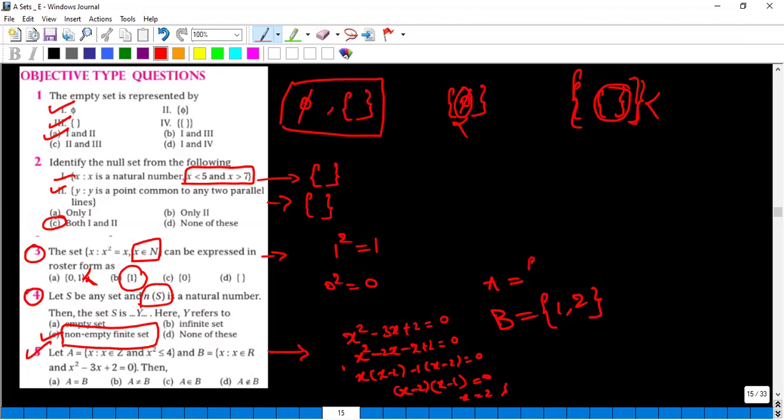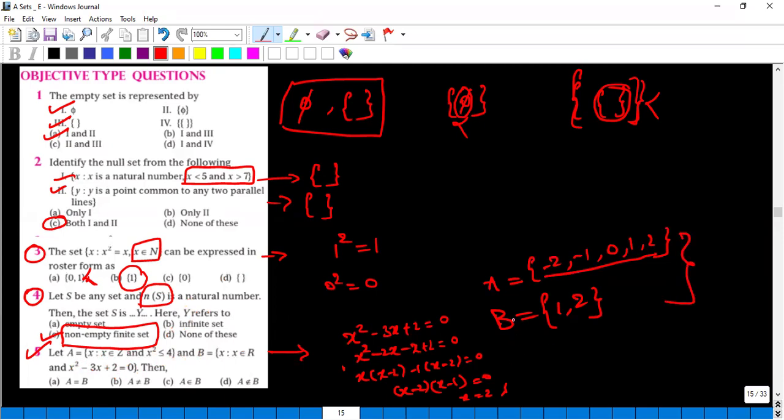And the set A, already they have given. Set A is minus 2, minus 1, 0, 1, 2, because they are expecting x square value less than or equal to 4. All these values squared we can take. Now they are asking, are these two sets the same?